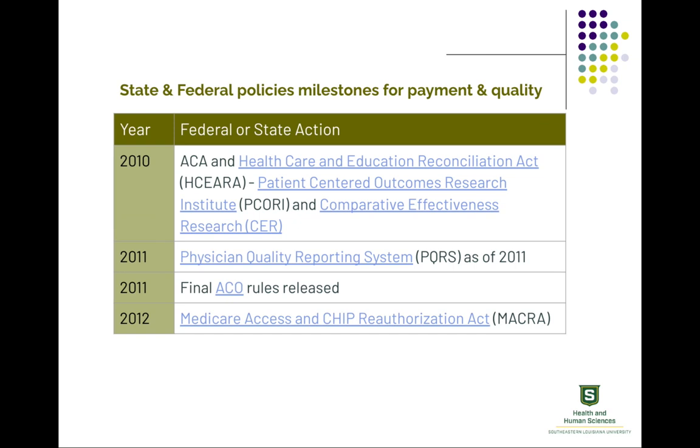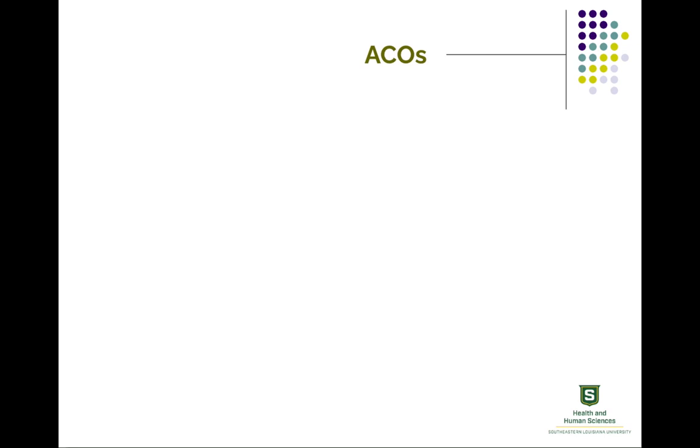In 2011, you had the Physician Quality Reporting System, and then the Accountable Care Organization, which I'll talk about later. And in 2012, we had the Medicare Access and CHIP Reauthorization Act, MACRA. I'm going to talk about the ACO and MACRA in a little more detail.